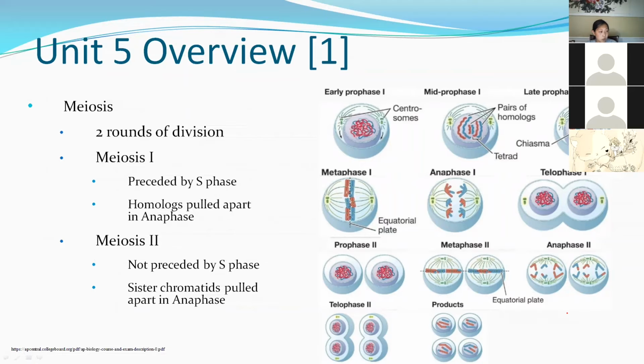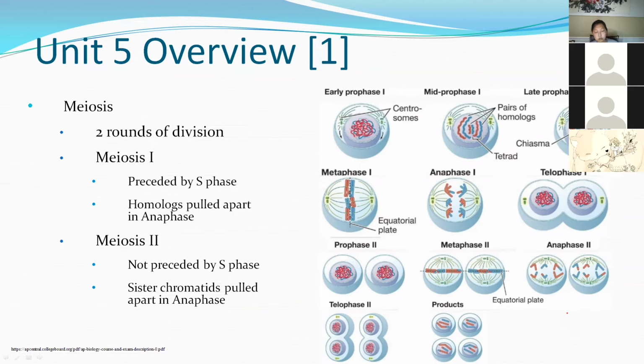As opposed to mitosis, meiosis produces daughter cells that are different from the parent. Meiosis has two portions, meiosis 1 and meiosis 2.